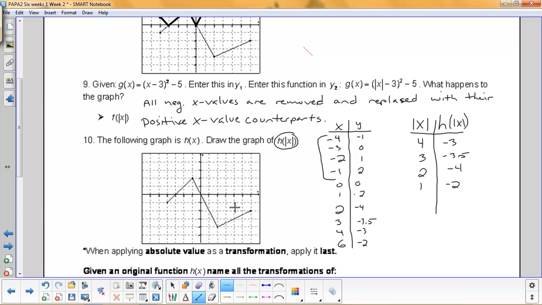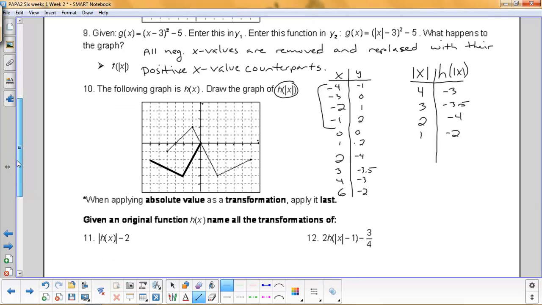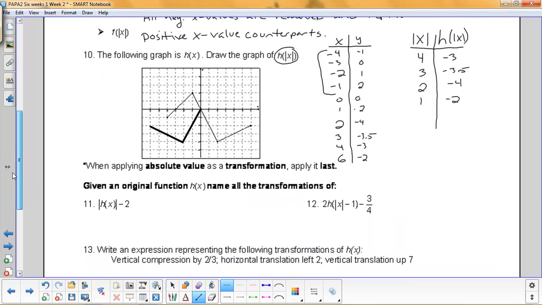This part of the graph is reflected across the y-axis, like so. Okay? This is the new transformed function, including this and excluding that. Complicated? A little bit, but we'll make sure that we take a look at it in more detail in class if you have more questions.